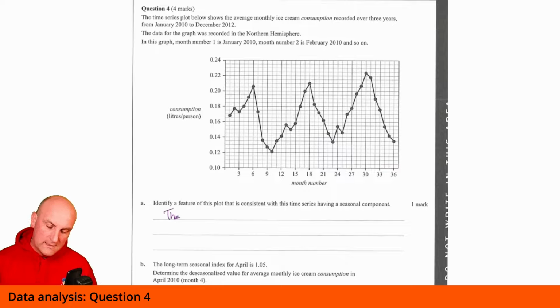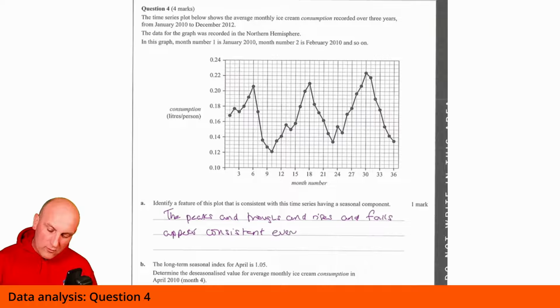The peaks and troughs and rises and falls appear consistent every 12 months, comma, hence making it seasonal.